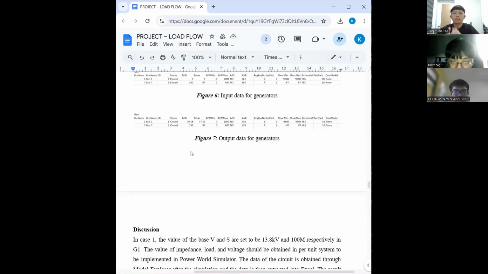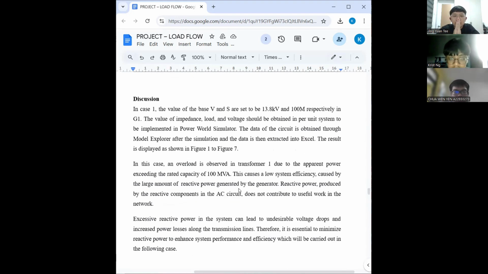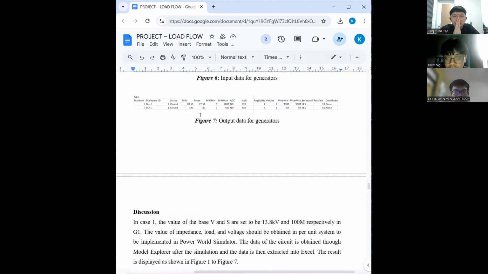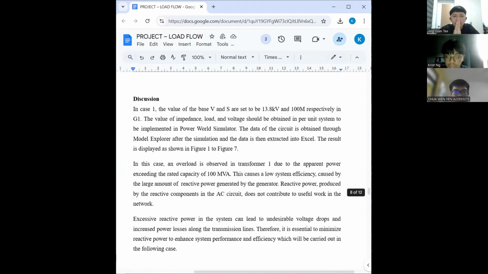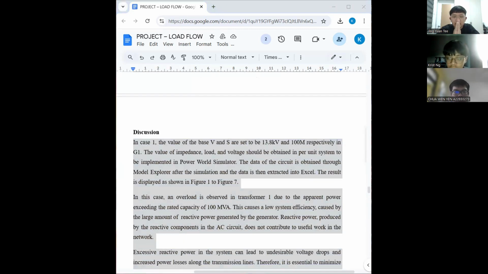In our discussion of case 1, the values of base V and S are set to 13.8 kV and 100 MVA respectively, for generator 1.